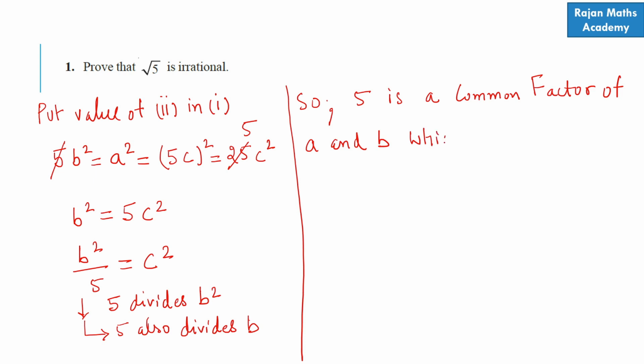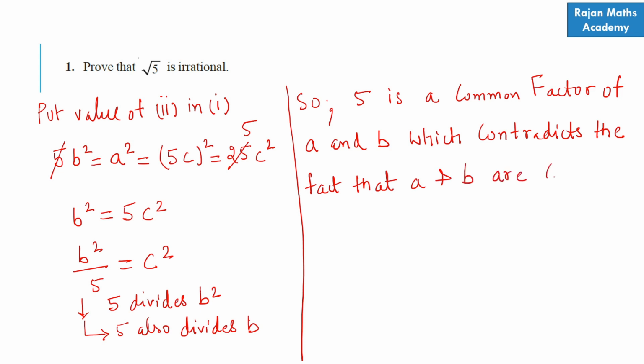which contradicts the fact that a and b are co-prime.